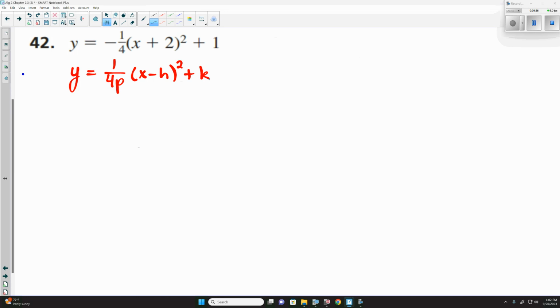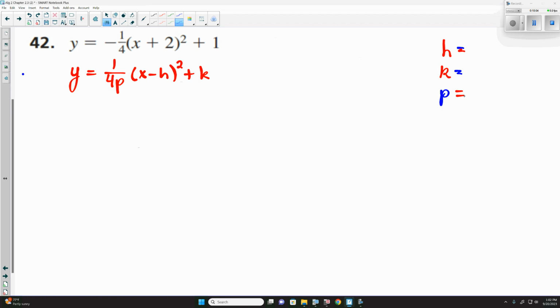So here we're saying y equals 1 over 4p times x minus h squared plus k, because it's set up in the same form. Y is to the first, our x is attached with the second power, that's 2. And again, just like before, we need to find the values of h, the value of k, and the value of p. Because if we can find the values of h, k, and p, we can solve this here.